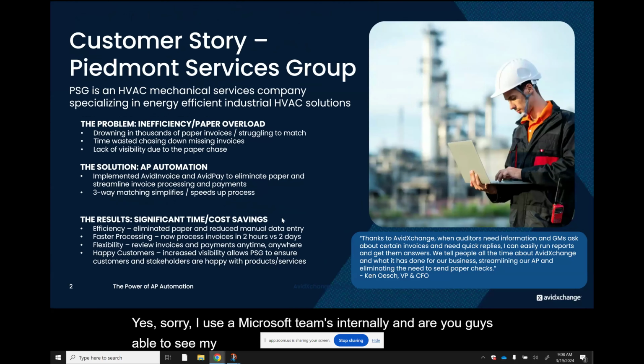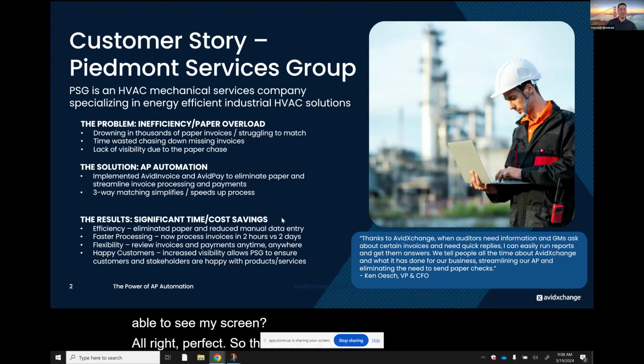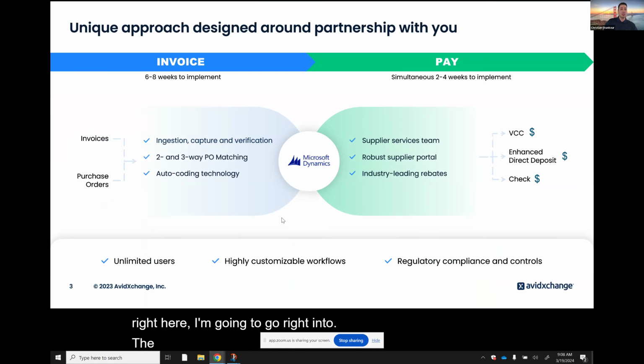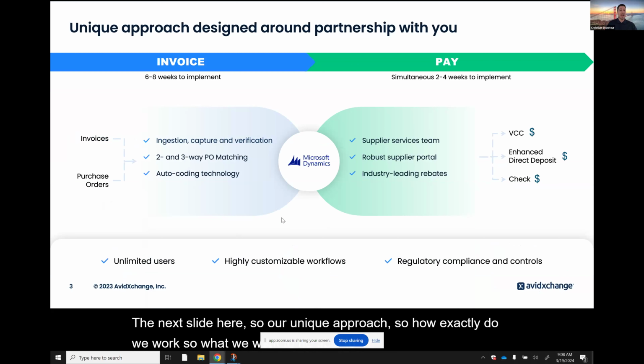Yes. All right, perfect. So this was the whole Piedmont success story right here. I'm going to go right into the next slide. So our unique approach. How exactly do we work? What we want to be able to do is have an easy way for you to enter your invoices.